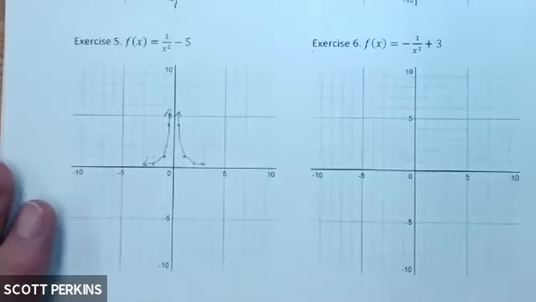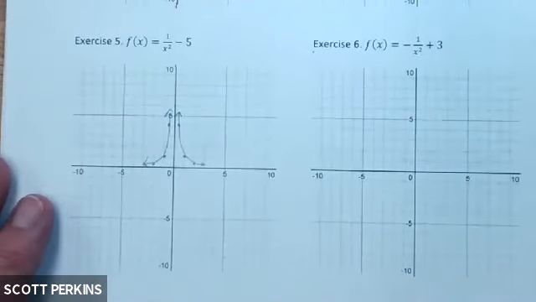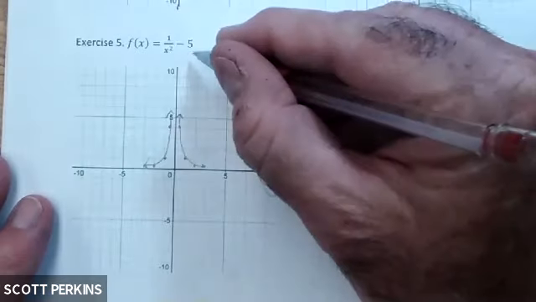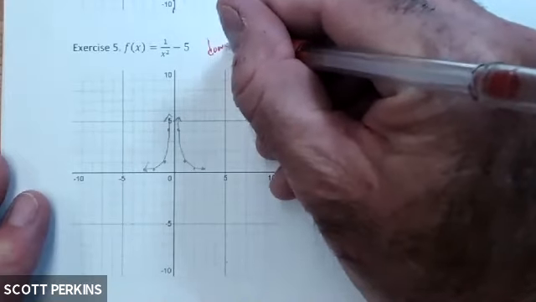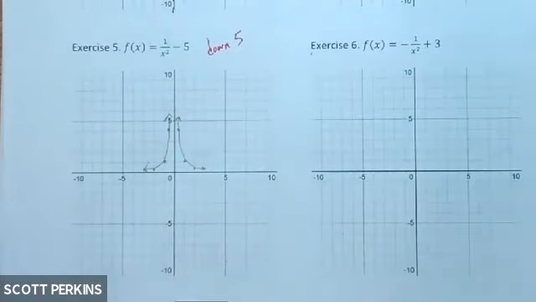Just a nudge, once you've done the basic graph, what is that -5 going to do to my graph? That's exactly correct, down 5. Great job.